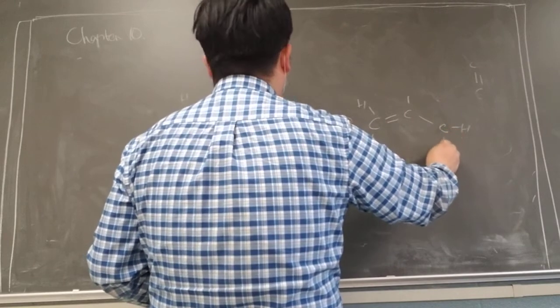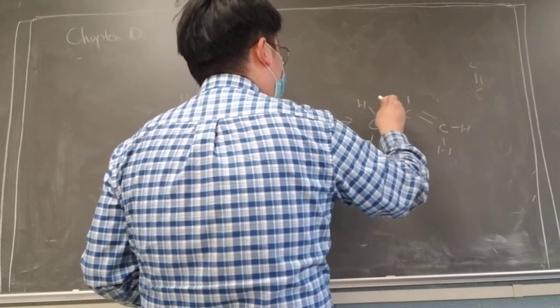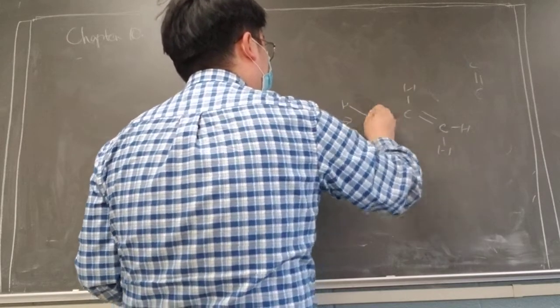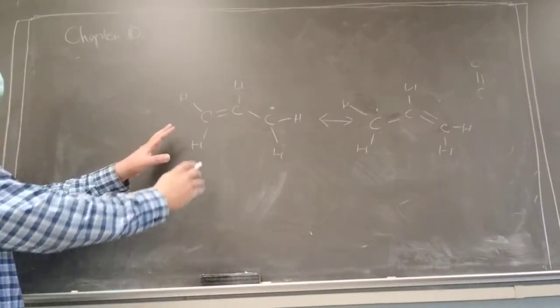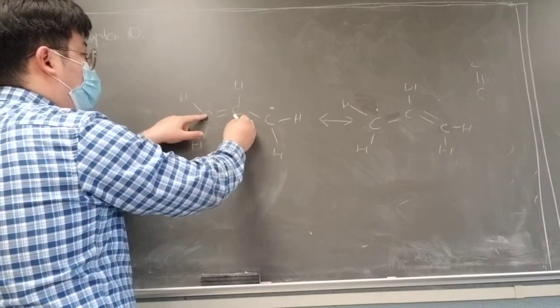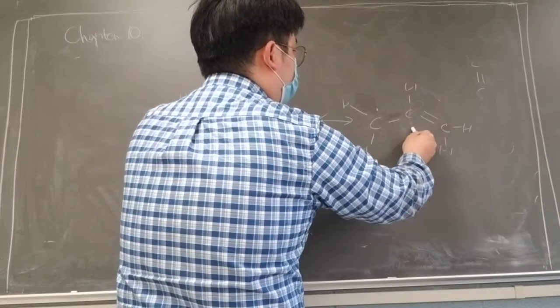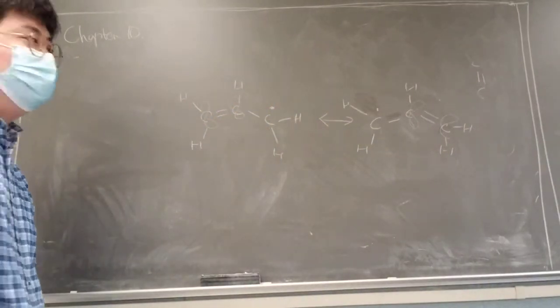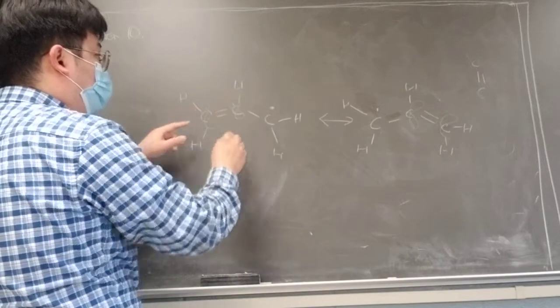So if that is the case, they can go either this way or this way. The reason is, if you remember the double bond, they're going to store the pair of electrons in here and here.